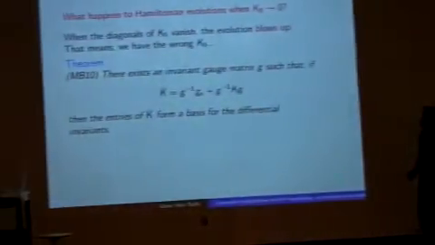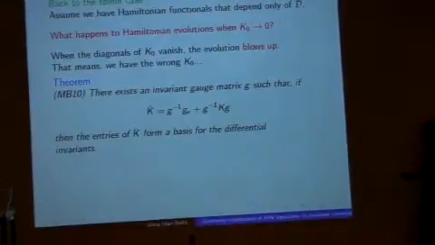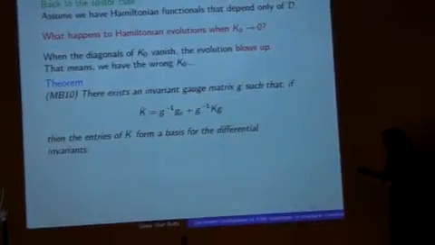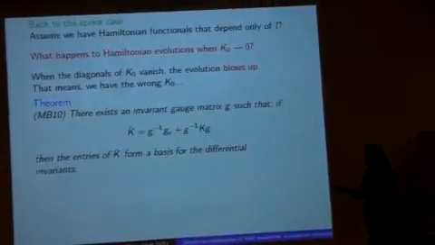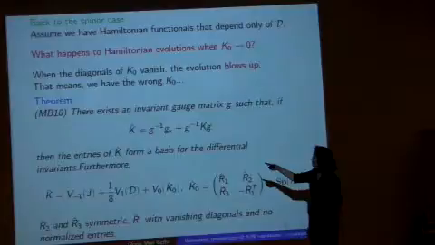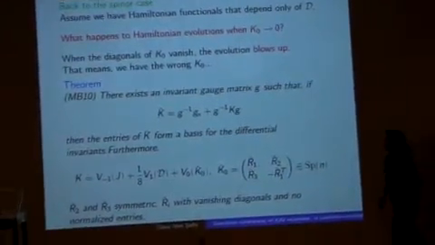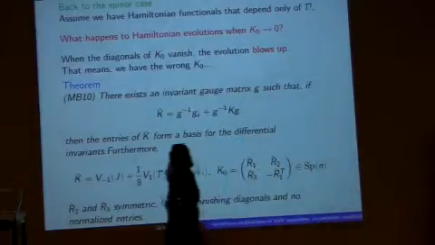So when I realized that, I went and looked for non-local frames for the spinor case, and then I got the theorem that says that there is an invariant gauge matrix that takes k to k hat. This is a non-local matrix, so you have to actually check that those form a basis for the differential invariants, the entries. But then k hat looks like this, and this is what the gauge does.